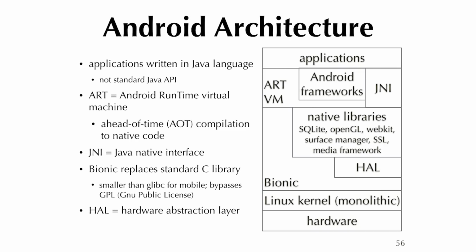That means if you have something from a Unix environment or Linux, you compile. Oh, sorry, there's no glibc, so it's not going to run here. But Google doesn't care. Then HAL is for hardware abstraction layer, and you have native libraries, and above there's a VM for ahead-of-time compile, and then Java native interface, Android framework, application.